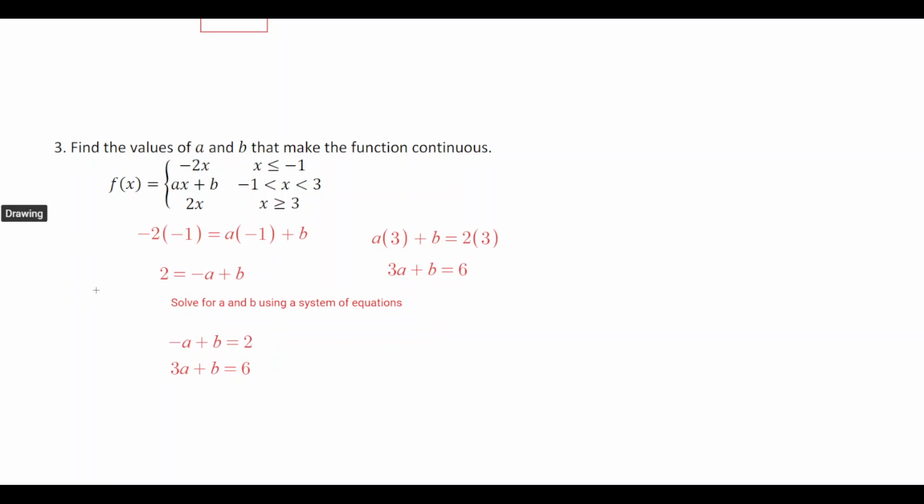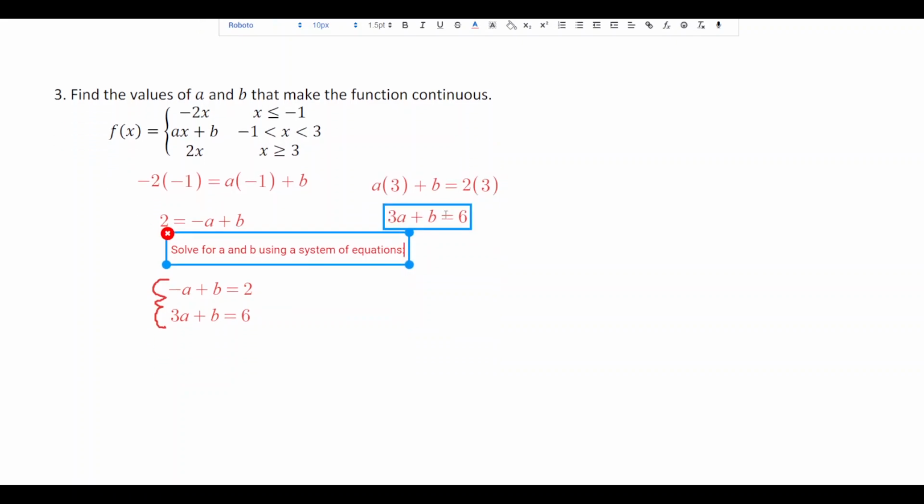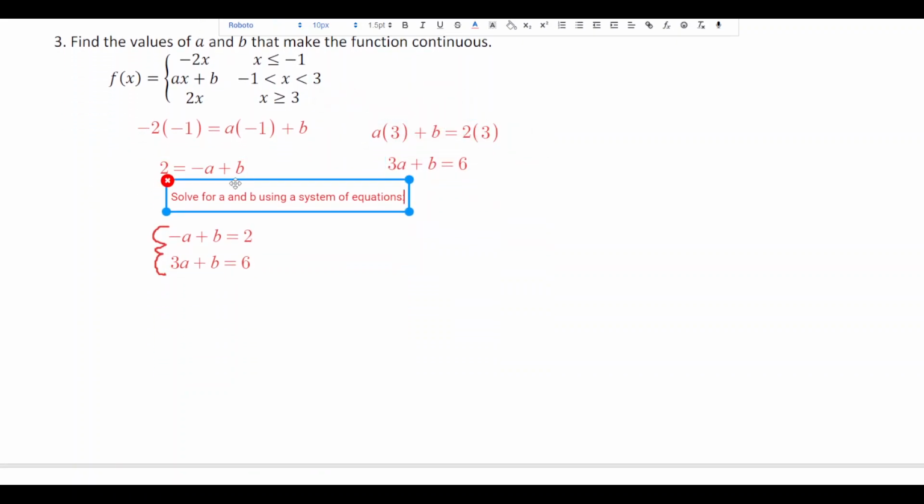Okay, so here is my system. And so I'm going to solve this for a and for b. And I guess I'll do this using substitution. You could get away with using elimination, but I think substitution is probably going to be the way to go here. So I'm going to solve this first equation for b and then plug that into the second equation.